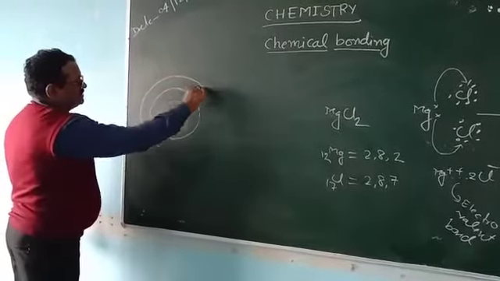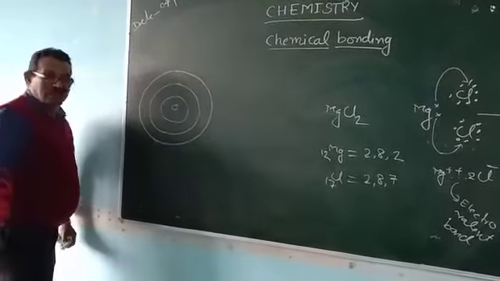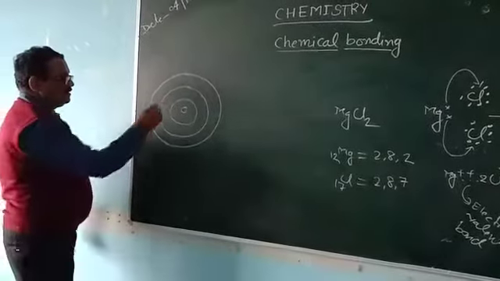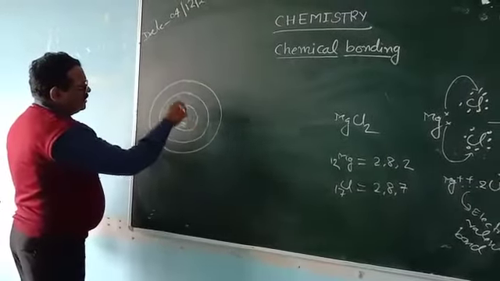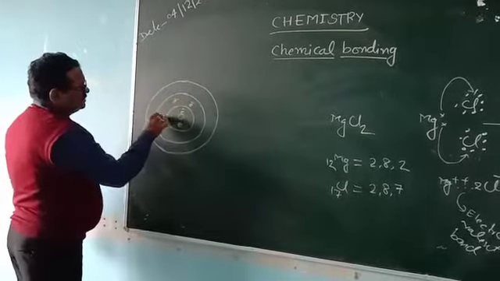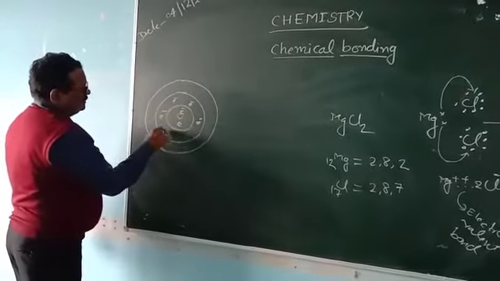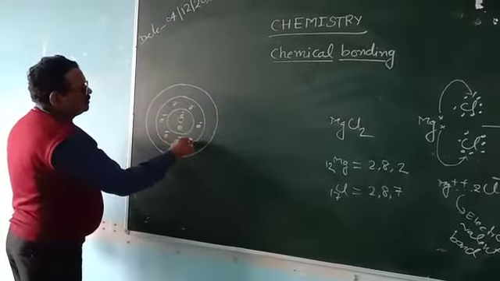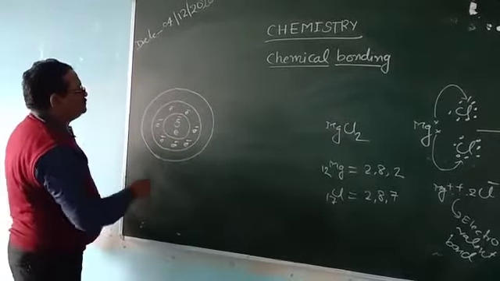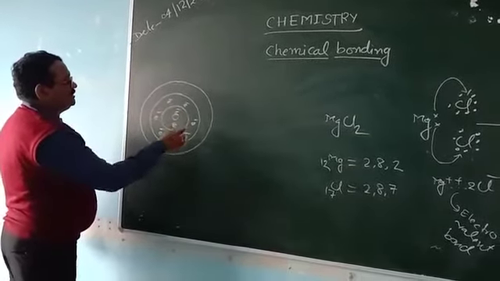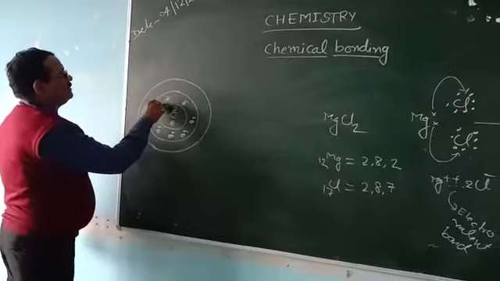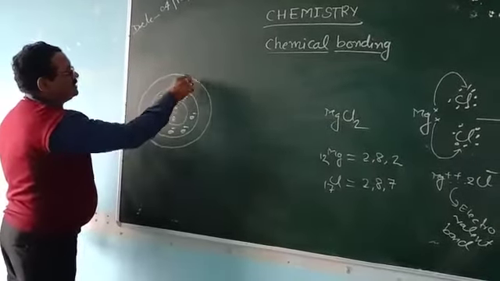There are 3 shells in sodium: 2 electrons, then 8 electrons, and 1 electron in the last.